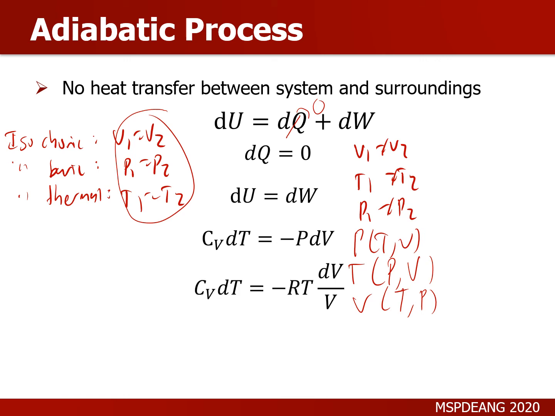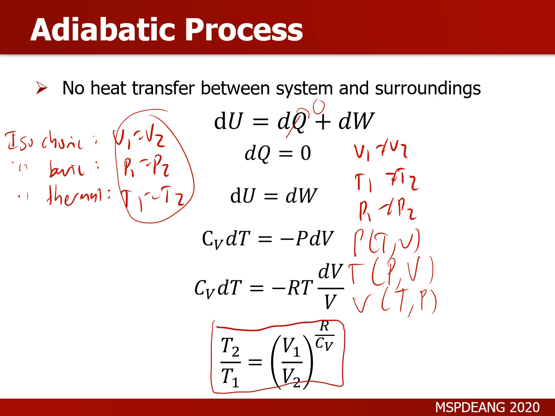So Cv dT is equal to negative R T dV over V. And doing rearranging and integrating, you can get T2 over T1 is equal to V1 over V2 raised to R over Cv. So now we have a relationship between two intensive variables, temperature and volume, in terms of other constants.